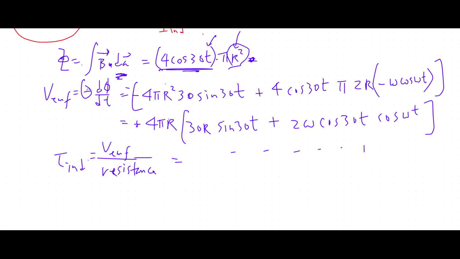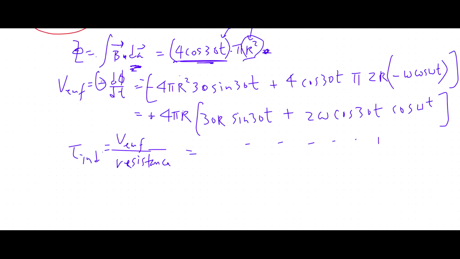Okay, so it's time to do the direction. So I'm going to say, when t is equal to 0, which term dominates? Tell me. Is it this term that dominates, right? But where does this term come from? It's taking the derivative of what? Of the field or of the radius? Of the radius, right?